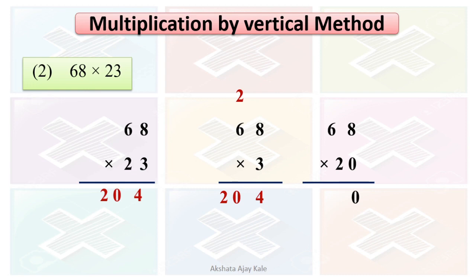Now 2 8s are how much? 2 8s are 16. 6 we will write down. 1 is carried over. Then 6 2s are 12 plus 1, that is 13. Isn't it? Now we got the answer 1360. That we will write here. Okay.